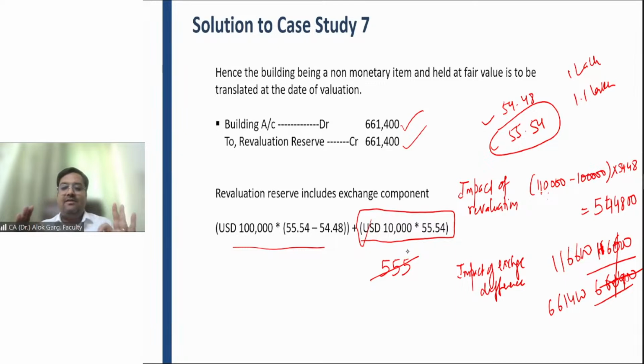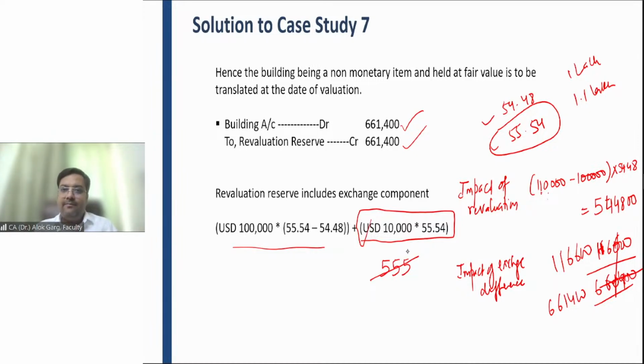The simplest calculation is closing value minus opening value: 110 multiplied by 55.54 minus 1 lakh multiplied by 54.48. The split: what is the change in revaluation? 10,000 at old rate. What is the change in exchange difference? Total value 110 multiplied by difference in rate. That's all.